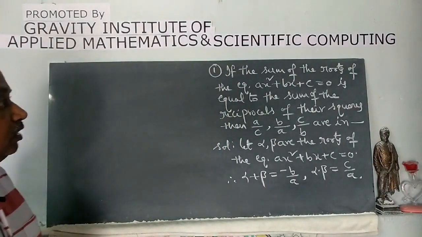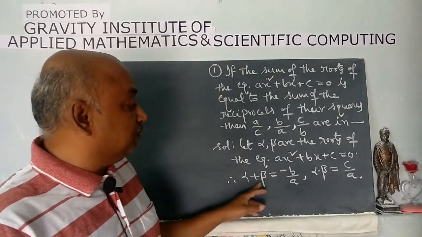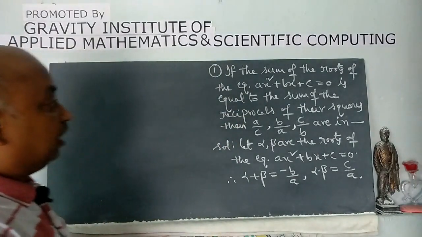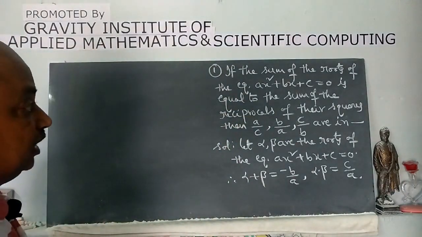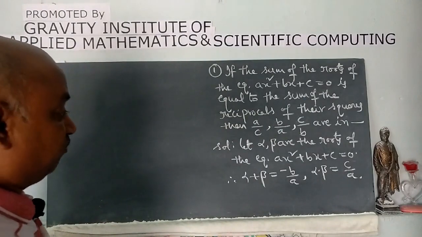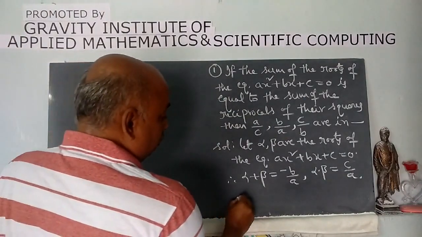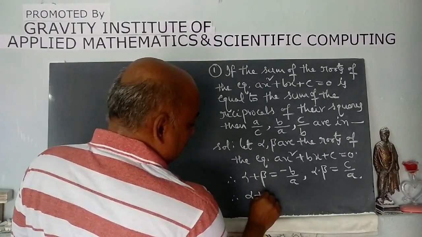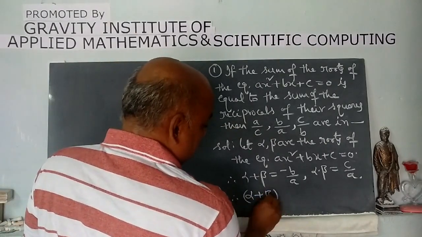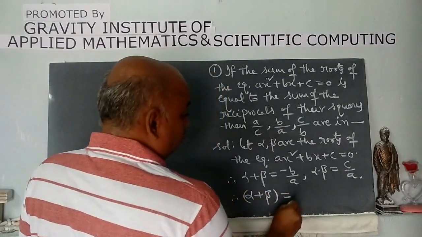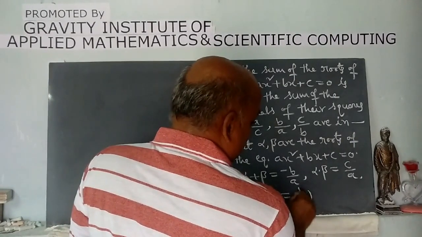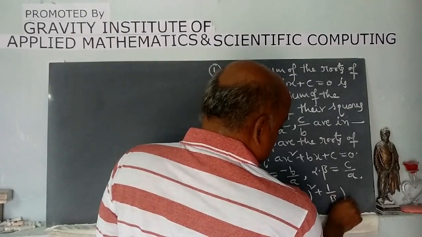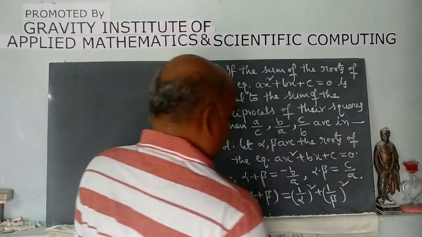So here the sum of the roots alpha plus beta is equal to the sum of the reciprocals of their squares. Therefore alpha plus beta is equal to 1 by alpha whole square plus 1 by beta whole square.